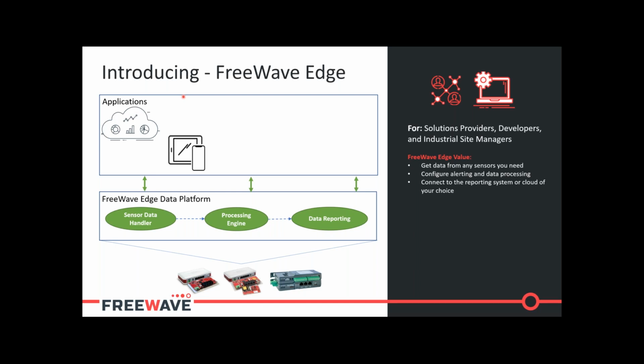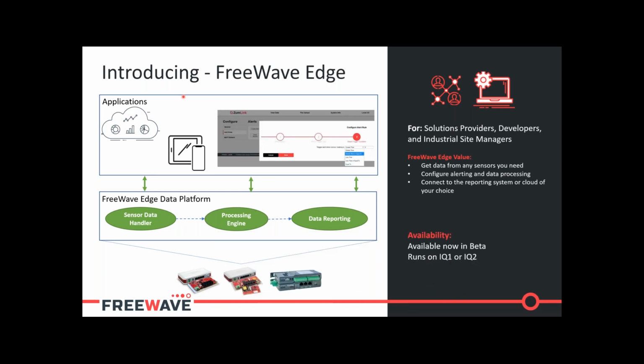And those applications could run in the cloud, on a mobile device, they could run on the Zum device itself. And on that last point, we're also highlighting that FreeWave is developing some simple solutions here for data alerting and processing to run on the Zum device.